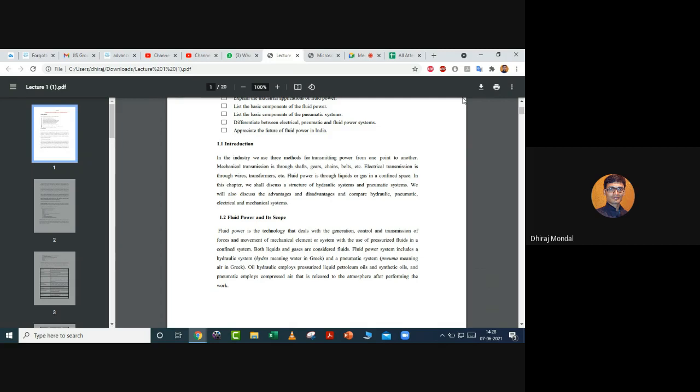Here it is written, in industry we use three methods for transmitting power from one point to another. Mechanical transmission is through shaft, gear, chain, belt, etc. Electrical transmission is through wires, transformers, etc. Fluid power is through liquid or gas in a confined space.